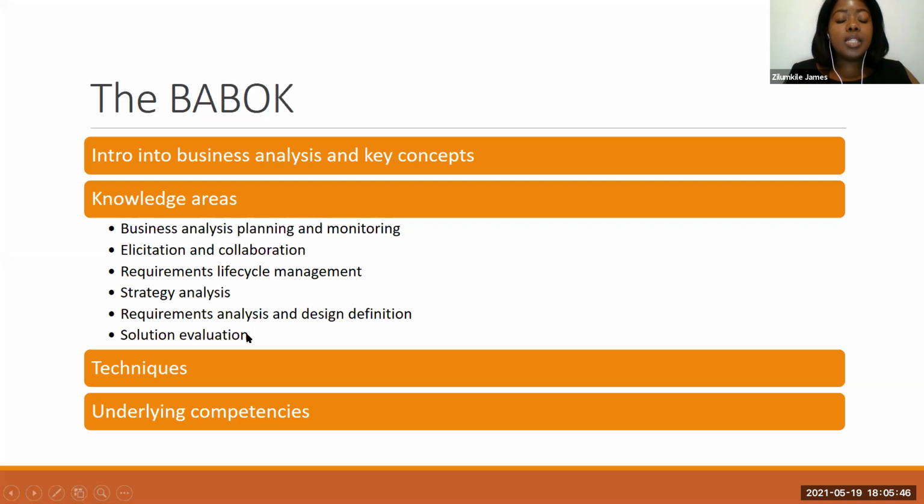It is very important that you understand these knowledge areas at a high level before you embark on your IIBA core certification journey. It also has about 50 techniques, and underlying competencies.